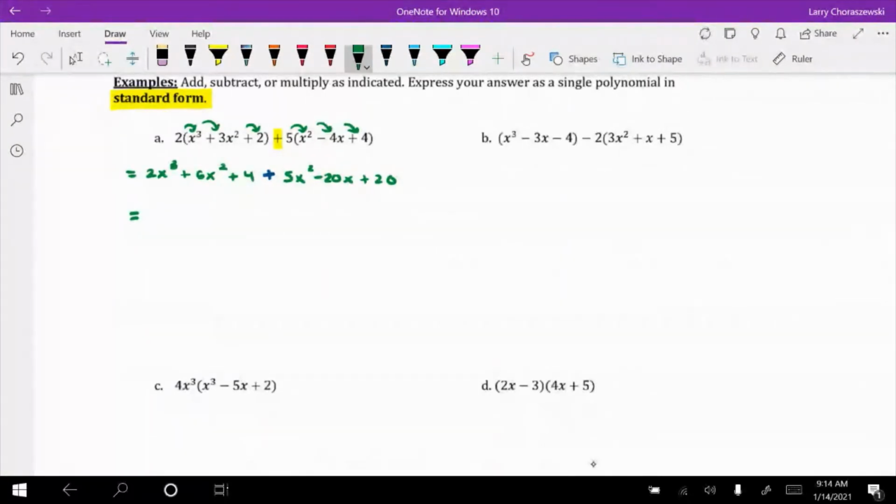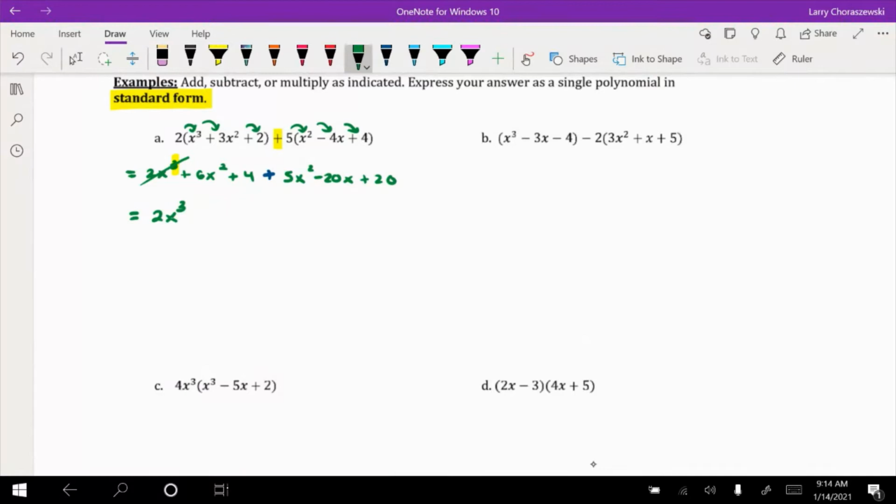So let's start with 2x cubed. All right, is 2x cubed going to combine with anything else in this line of math? No. All right, and x cubed happens to be the largest power of x that occurs here. So in terms of standard form, we would want to write that one out first. And I'm going to cross it off so that we don't try to combine it again with anything else.